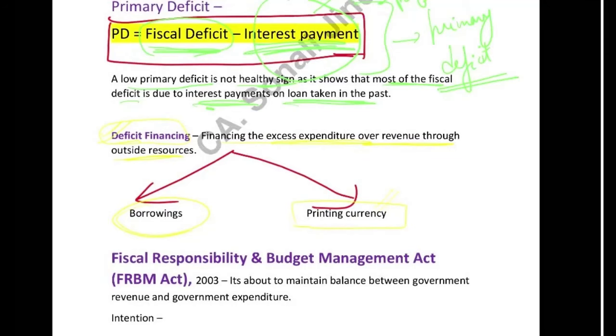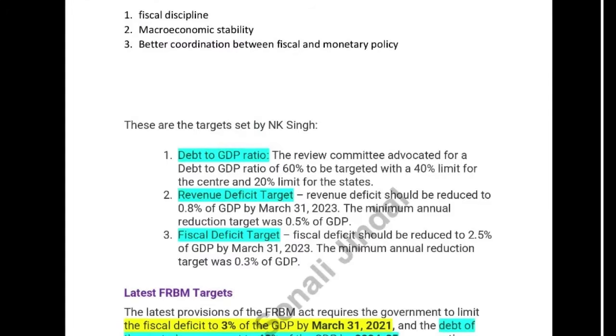So, to reduce fiscal deficit, revenue deficit, and the debt to GDP ratio, the government has come up with the FRBM Act that creates a liability on the government to cut on these. It is to maintain the balance between the revenue and the government expenditure. It helps in fiscal discipline, achieving macroeconomic stability and bringing coordination between fiscal and monetary policy.